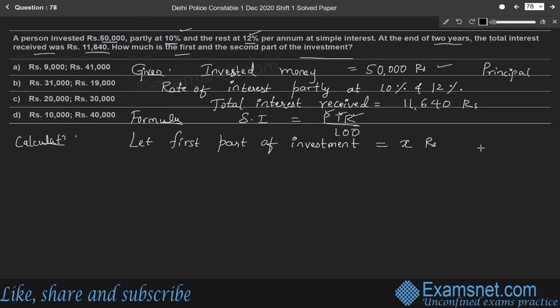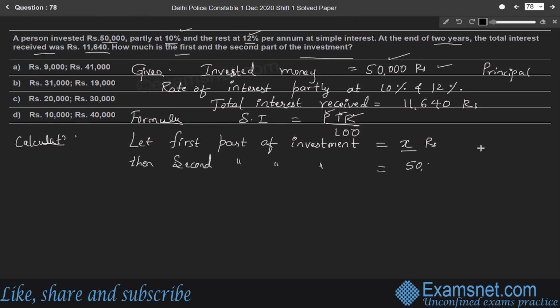So if first part of investment is X rupees, then second part of investment becomes 50,000 minus X, since total investment is 50,000.